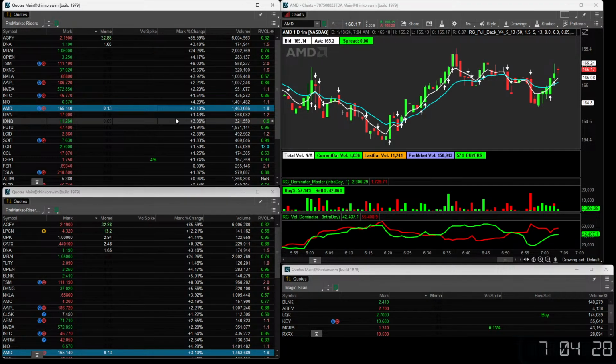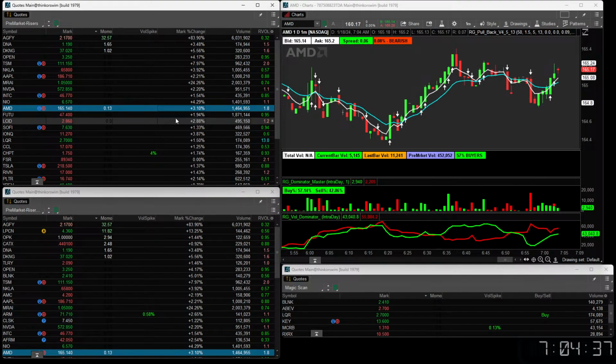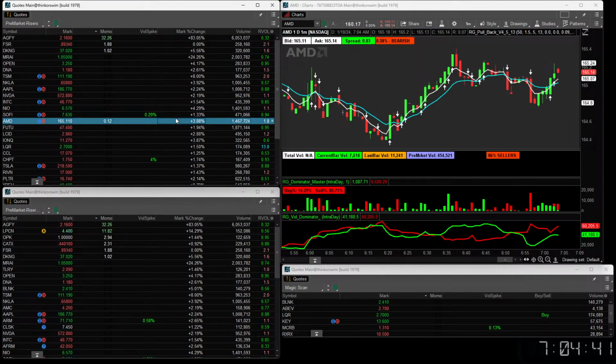I have other scans for market open. You'll find out I have too many scans. Problem is, most of them work great. You just have to find the ones that work for you.